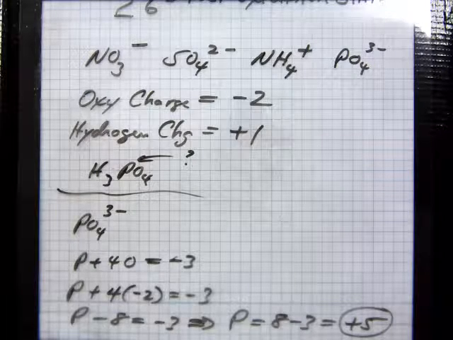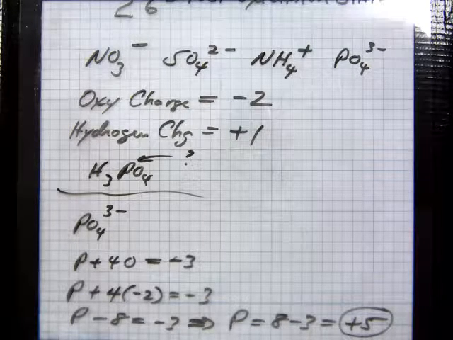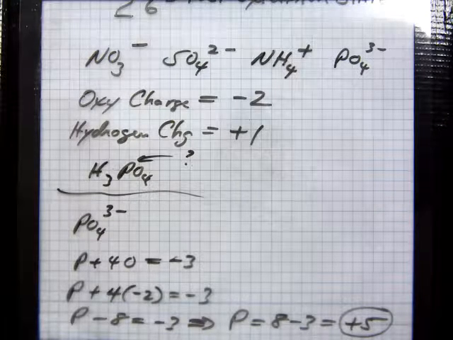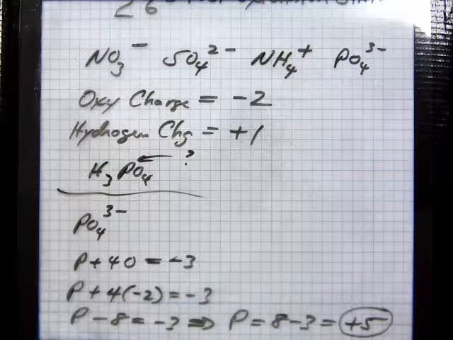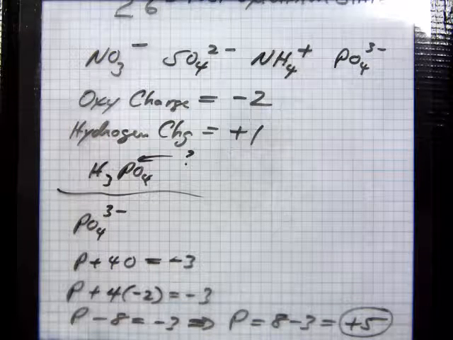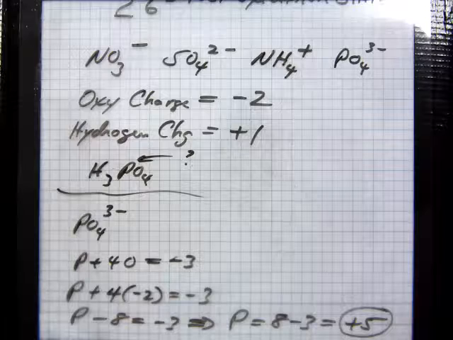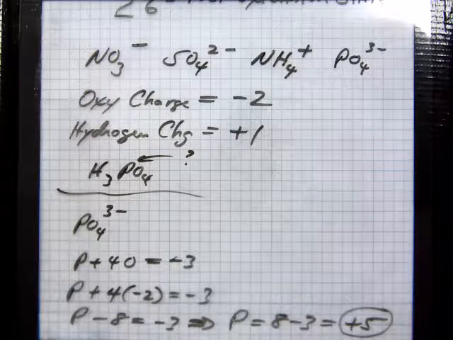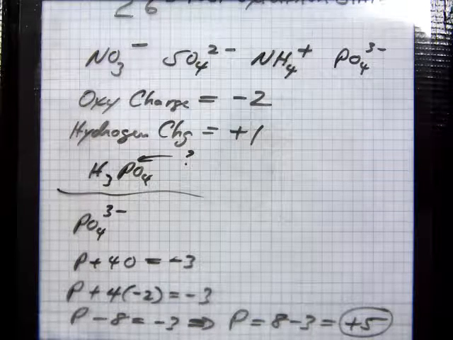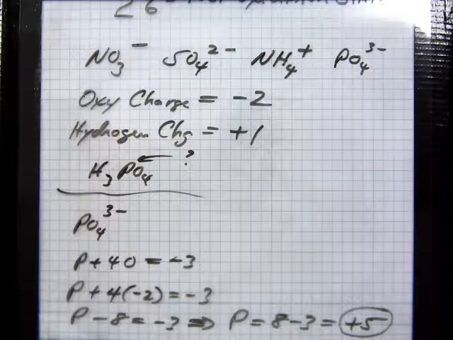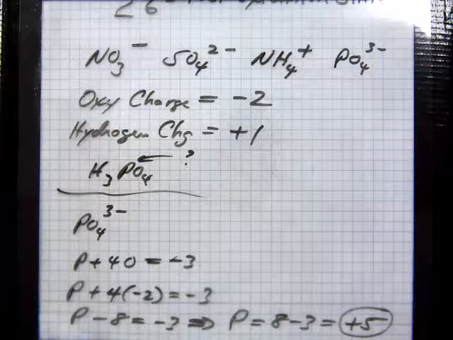Okay, so you need to be able to deal with that. But you have to understand whether you are dealing with a molecular formula, where the sum of charges is 0, or a polyion, where the sum of charges equals some net oxidation state. And when you calculate the individual oxidation state of an element, you line them up.